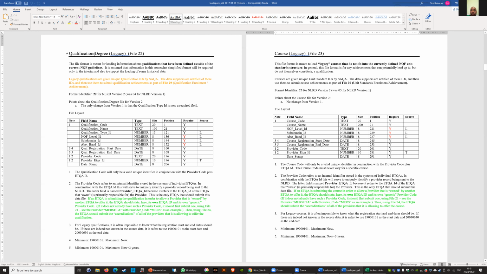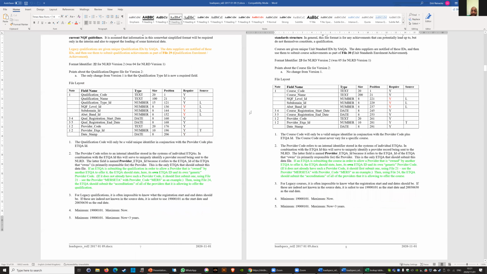So a qualification is something that is larger than a course. Okay. Yes. This then, you can skip files 22 and 23 on your flow chart, because that's not going to be needed, because your provider isn't offering legacy qualifications.